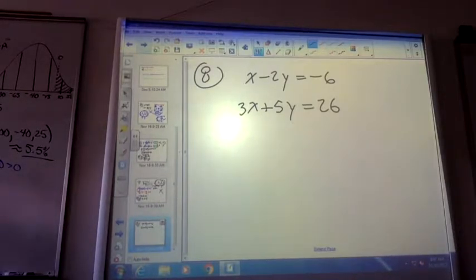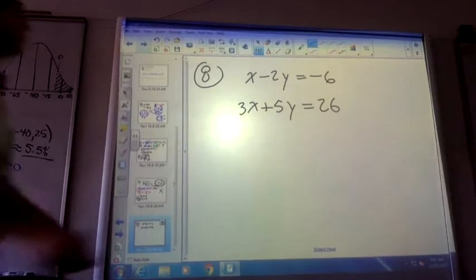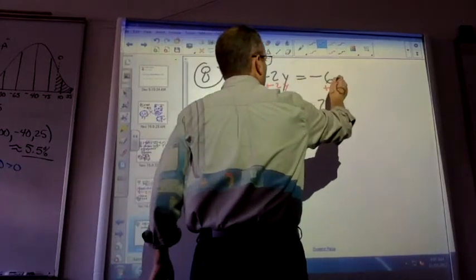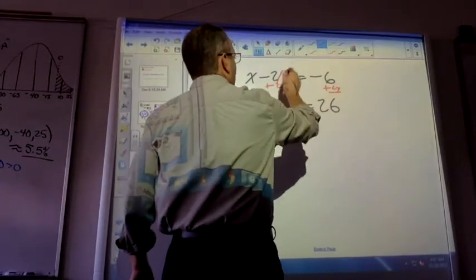Okay. Could I, using that top equation, the x minus 2y equals negative 6, add 2y to both sides and get x equals? Does that make sense how I just said that? So if I take that top equation and add 2y to both sides, that cancels that.